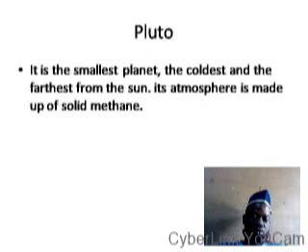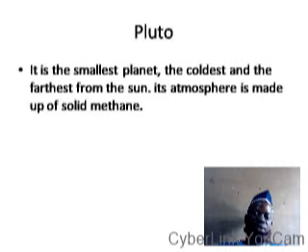Then we have Pluto. Pluto, like I told you, is very small, and today some researchers say it is not even a planet. It is the smallest planet and the coldest, being the farthest from the sun. Its atmosphere is made up of only solid methane. You can see the difference.